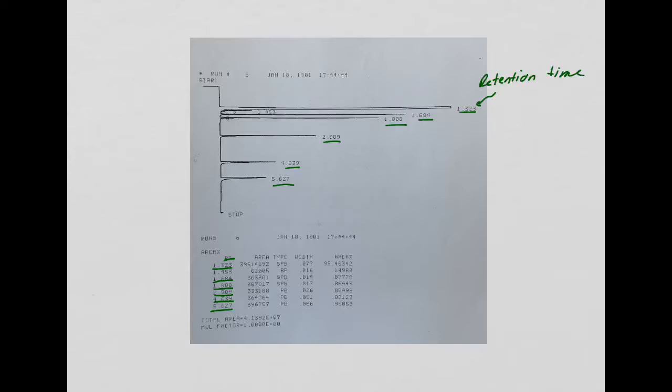The other one we're looking at is area percent, right? Area percent. Now, when you look at the peak with a retention time of 1.323, the percent area is 95. What can you tell me about this peak?